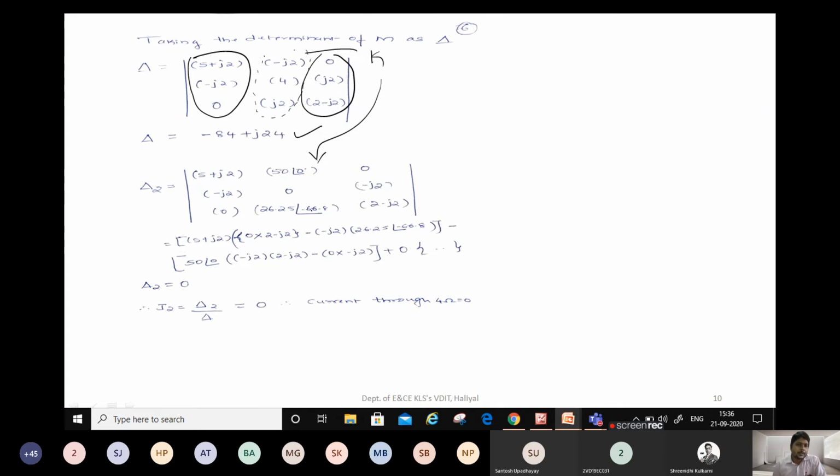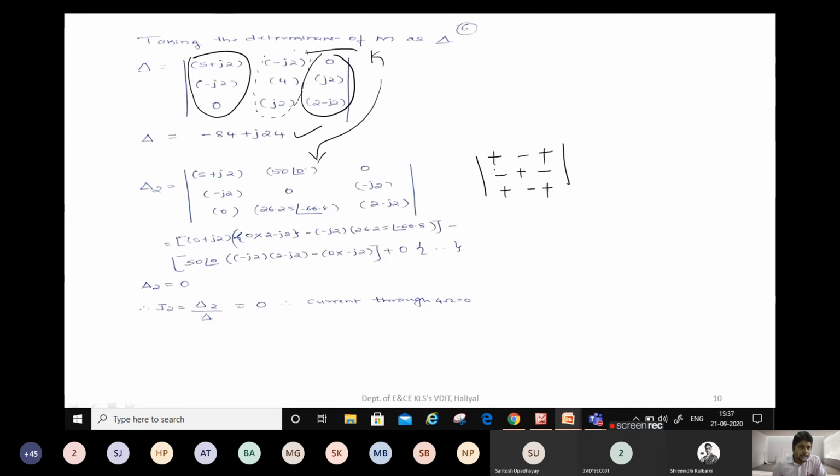Once you put this and go for the determinant multiplication, always remember how determinants are multiplied: plus, minus, plus, minus, plus, minus, plus, minus, plus. Keep these things in your mind.